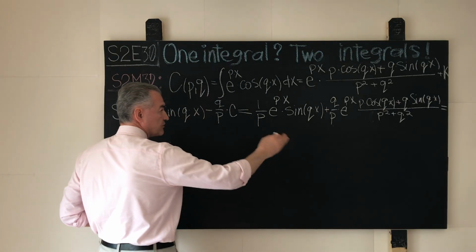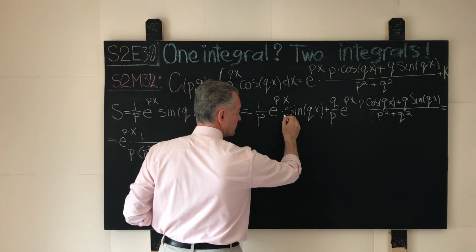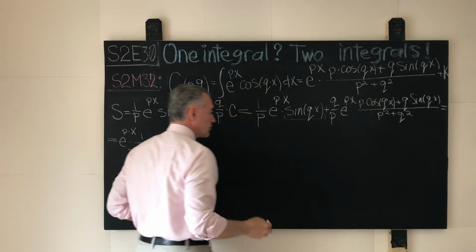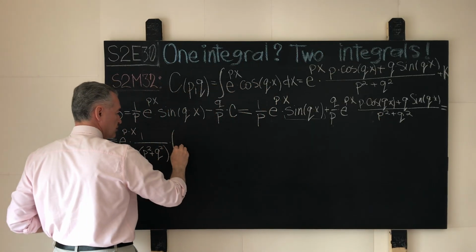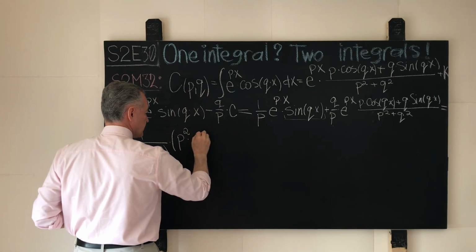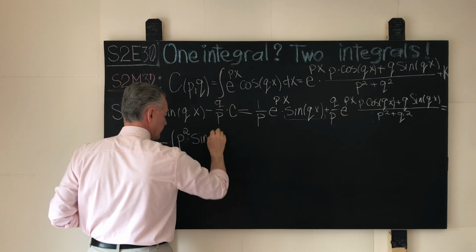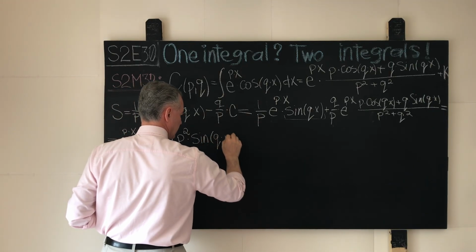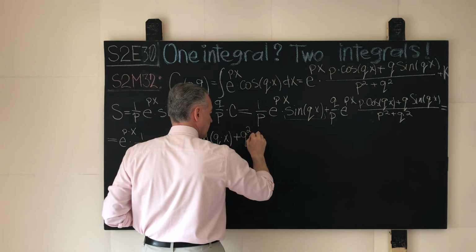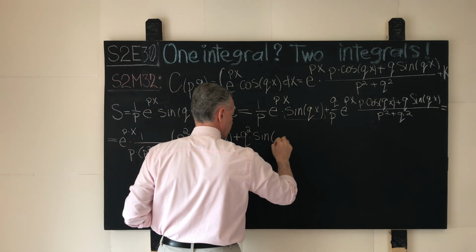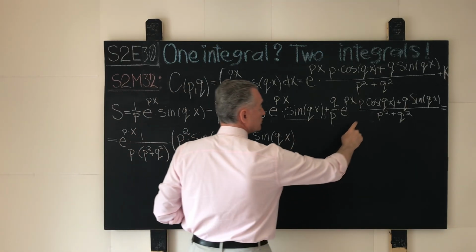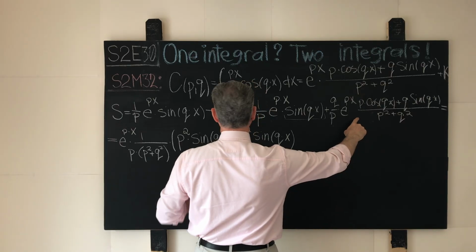And now what do we have? So now we have the trigonometric function of sine multiplied through by the sum of squares. So let's write down the expression for this. So we'll have p squared times the trigonometric function of sine evaluated at the argument q times x plus q squared times the trigonometric function of sine evaluated at the argument q times x plus what?